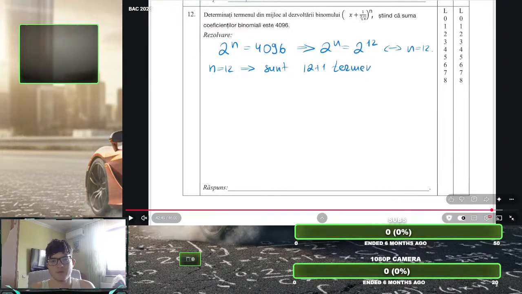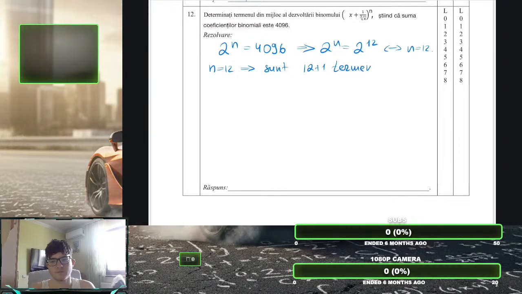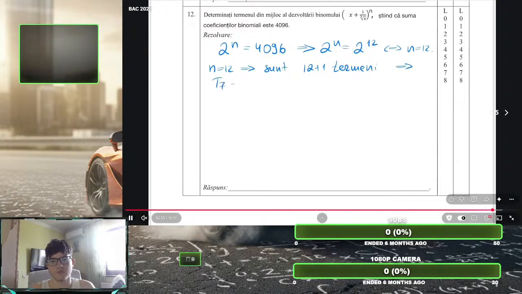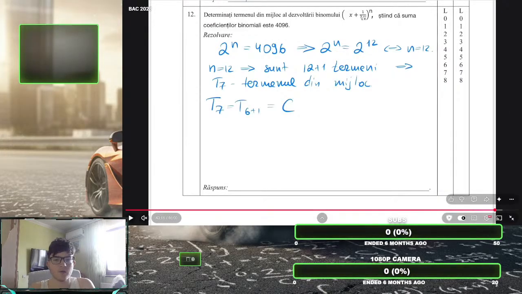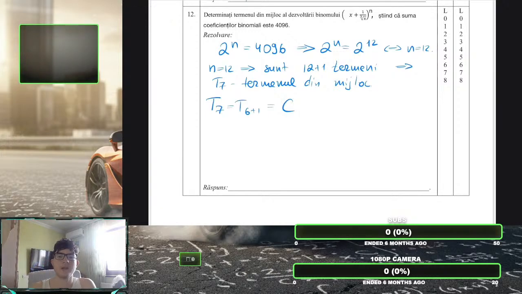N is 12. But there are 12 plus 1 terms, so it's T7. So basically my formula worked, I'm a genius. T7, so T6 plus 1, yes. Now, what you need to do is pop everything in, because you have pretty much everything.